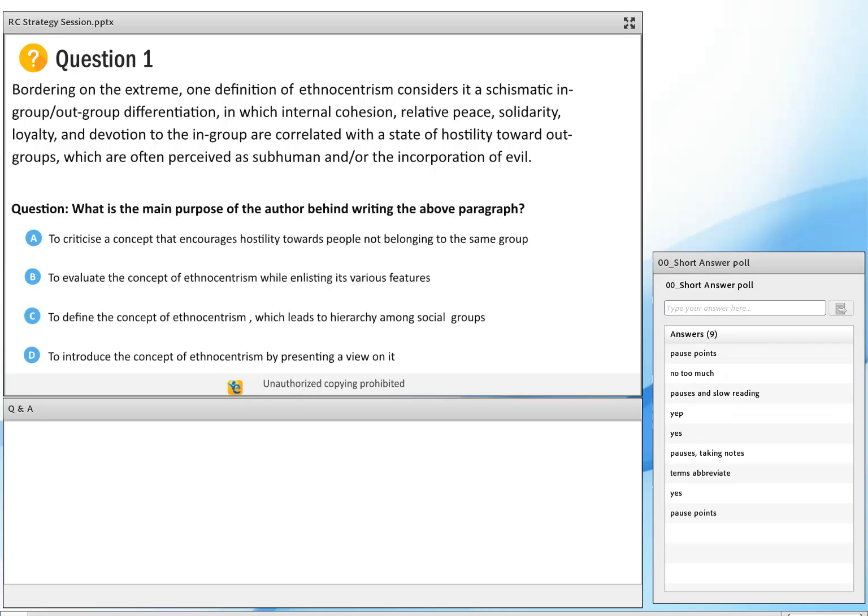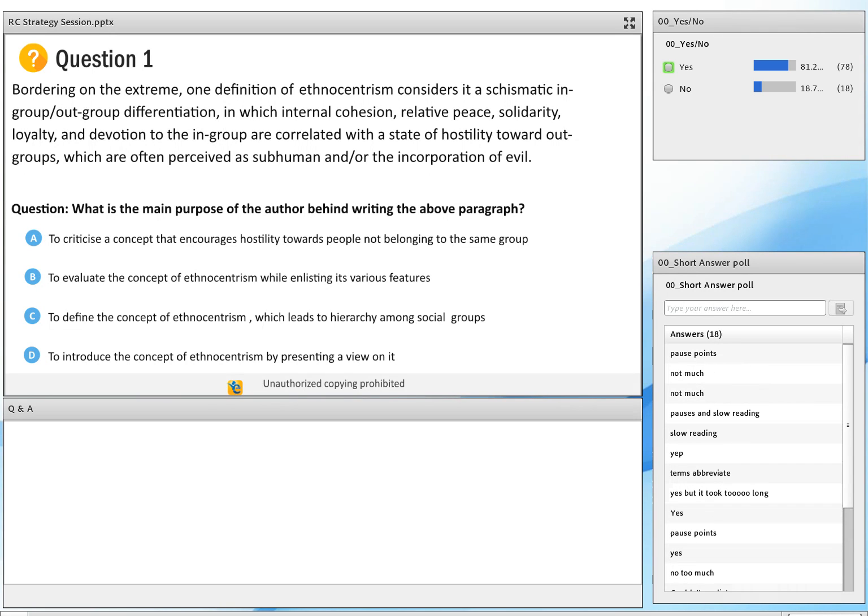Abbreviate the terms, okay. Not too much, yes, okay. Some yeses, some nos. How many of you felt connected with the passage? Okay, not that many. So you didn't apply the attitude. You weren't immersed in the passage. You didn't change your attitude towards this passage.